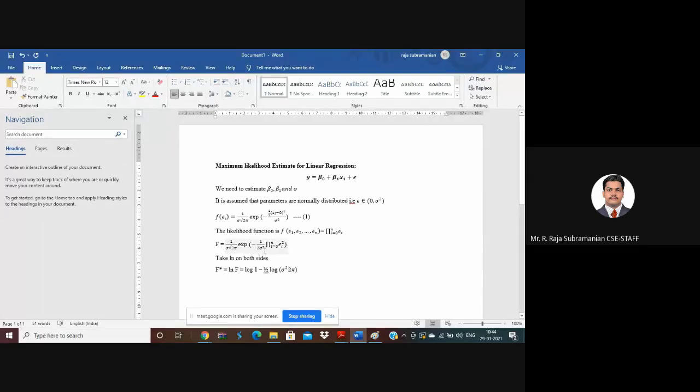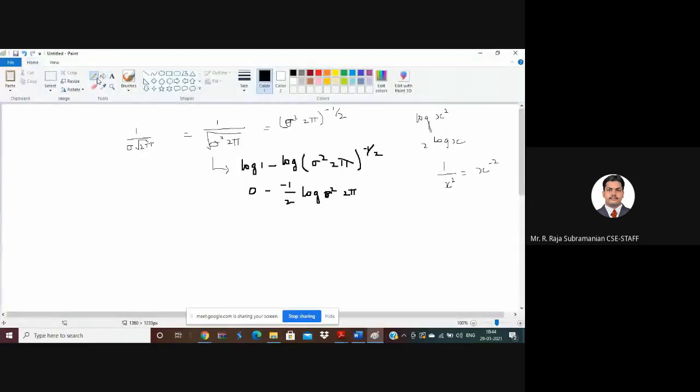Now, how can I take this exponent value separately? That's what we have to identify. When I'm having something like x1 x2, and I take log of this, log of x1 x2 can be written as log x1 plus log x2.